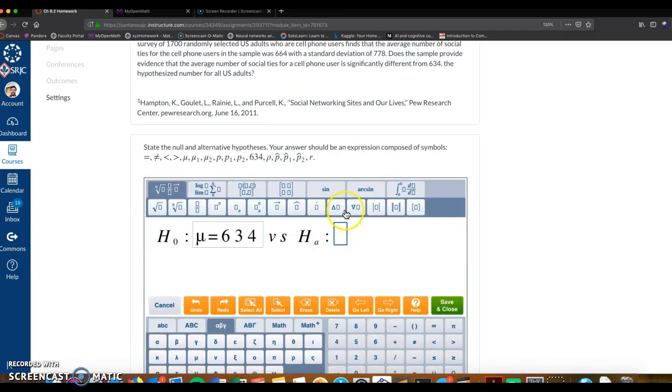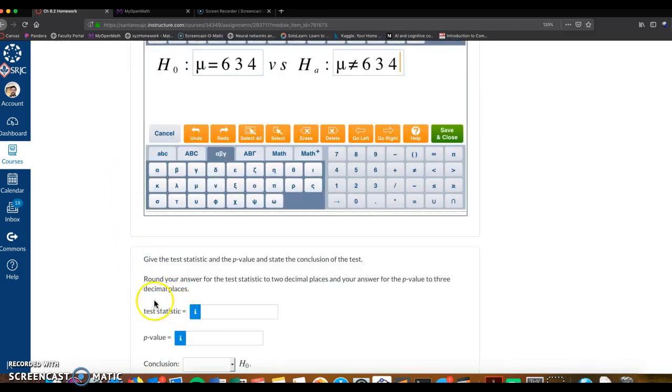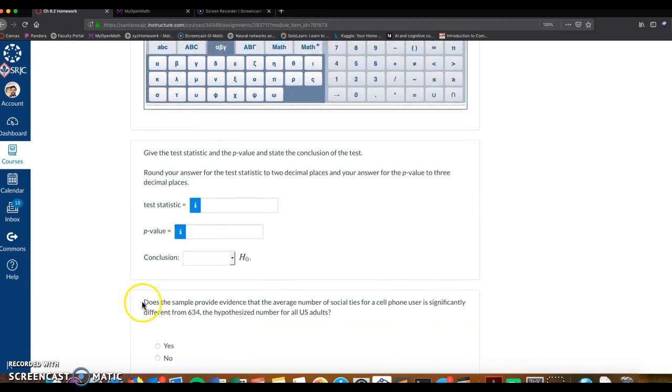And the alternative, we're looking at, is it different? So we're still at mu, and mu is not equal to 634. So notice we're going to be doing a two-tail test. I want to figure out the test statistic, the p-value, and the conclusion for this test.